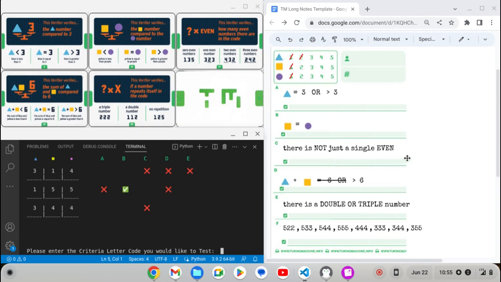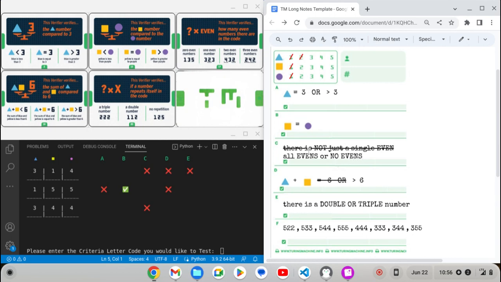C has revealed that it must be all even or no evens. Let me cross this out. Either all evens or no evens.